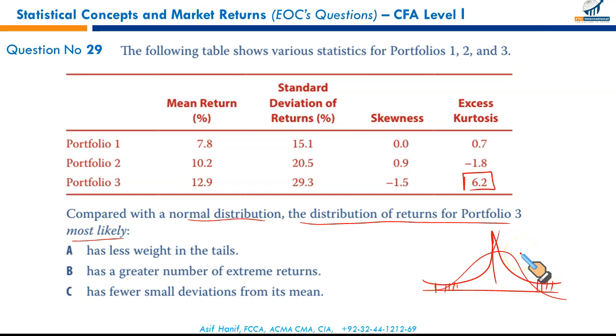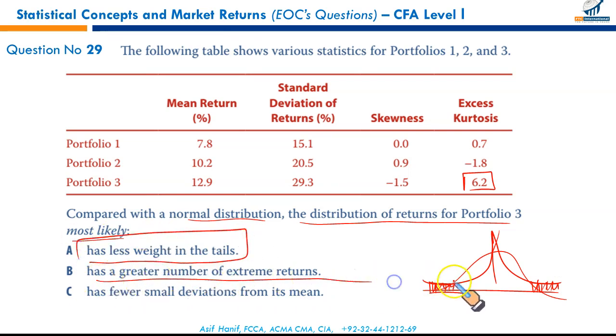I'm sure you can consult your book and you will see two curves superimposed upon one another, the normal one and the one with excess kurtosis. You will see that the edges of the peaked one will be fatter. So it has less weight at the tails? Wrong. It has more weight at the tails. It has a greater number of extreme results.